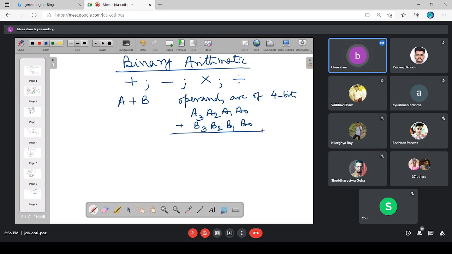So 4 bits plus 4 bits should result in a 5-bit number. If I go for this 2-digit addition, this will be 10. The 1 goes as a carry to the next stage, isn't it?